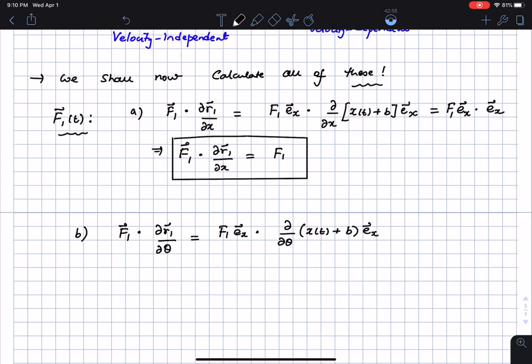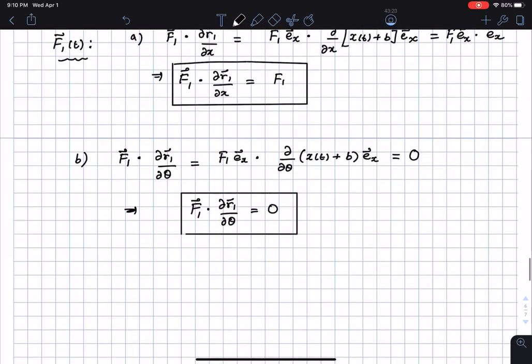There is no theta in this term, which means that this is going to be completely 0, which implies that F1 dotted with dr1 by d theta is equal to 0. Okay, this was as expected. The force F1 is acting on the cart, so you're obviously not going to see it influencing the pendulum directly, at least.